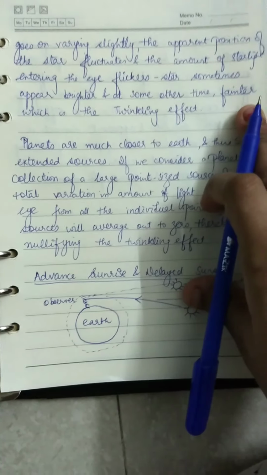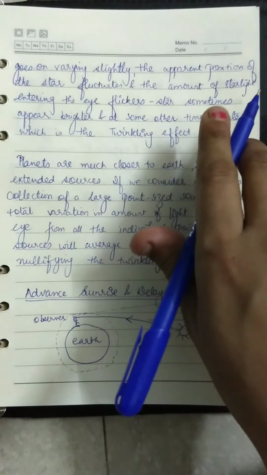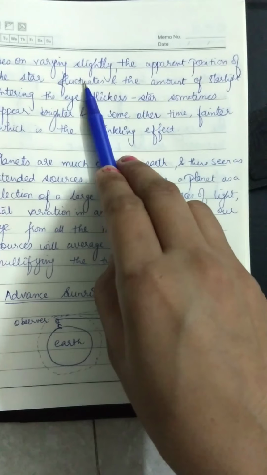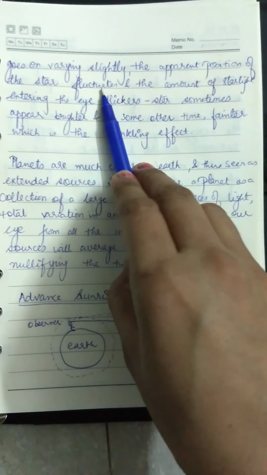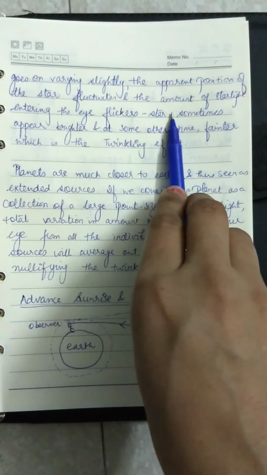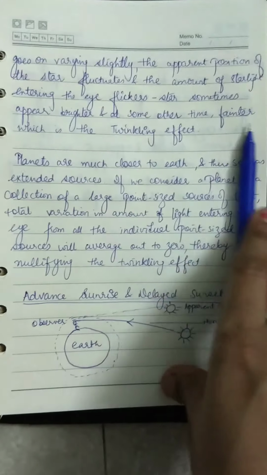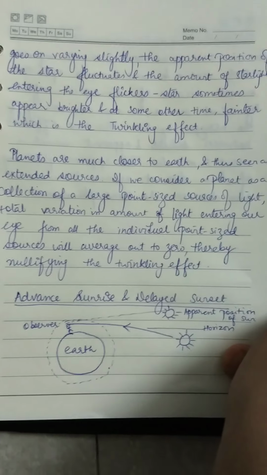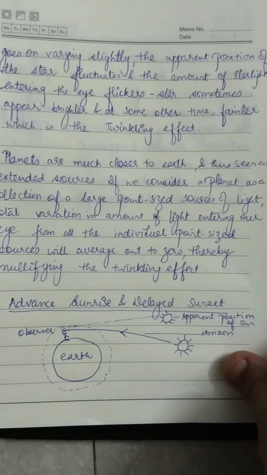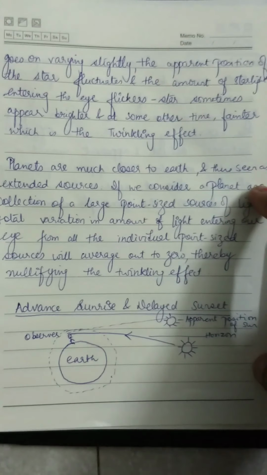See, the light is coming continuously, but its position is changing, so the apparent position is observed as fluctuating, and the amount of starlight entering the eye flickers. Stars sometimes appear brighter and sometimes fainter. So this is known as the twinkling effect. Whenever the starlight is flickering, that means sometimes it is coming brighter and sometimes fainter.